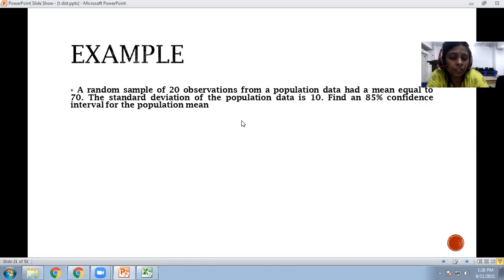So you have to first find the confidence interval and then calculate the upper limit and lower limit, and that will be the range in which your population mean will lie. Now you know the question. We will now look into the Excel of how we can do this.